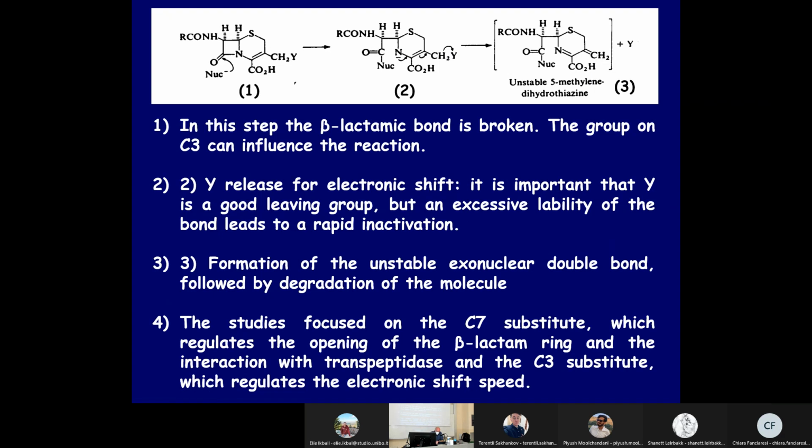So in this case, the reactivity is not due to geometric features of the molecule, but to this shift of electrons. So it is based on thermodynamic reasons, and the product is this unstable dihydrothiazine.